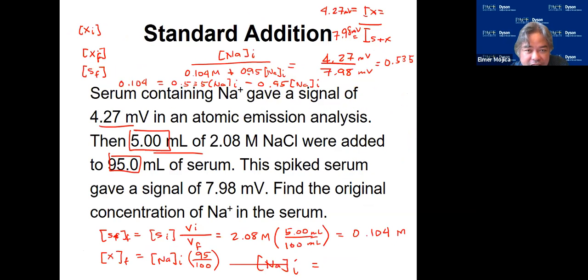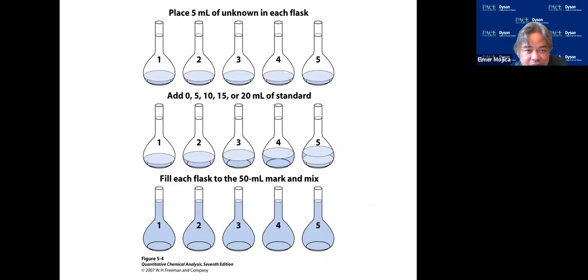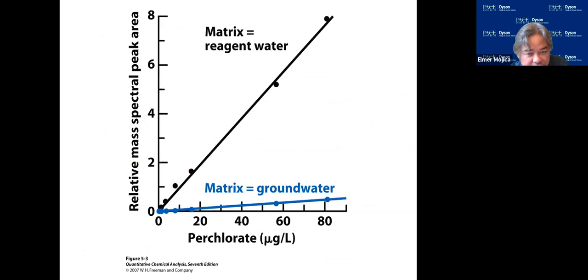Now, how about the other one that we can do? We can do standard addition in the sense that you're doing a calibration curve, unlike the example that we have where we only have one sample in comparison to the standard. When you're doing a calibration curve, it would be like this.